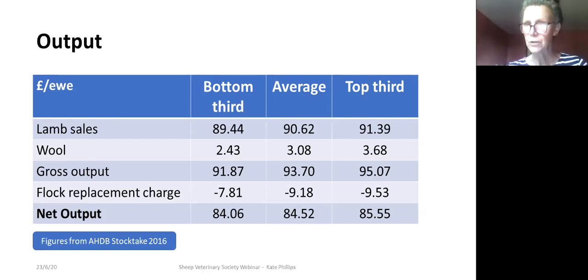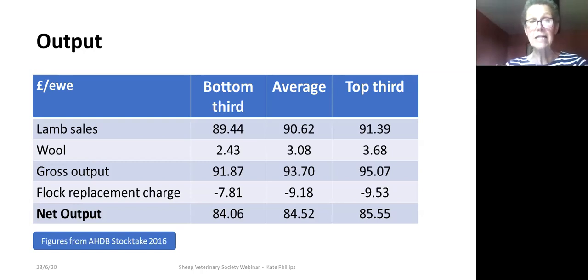So the gross output for the top third is literally only about £3 different to the bottom third, and that's largely just a tiny bit on lamb sales and a little bit on wool. So you might be surprised that it's not output that's the issue here.